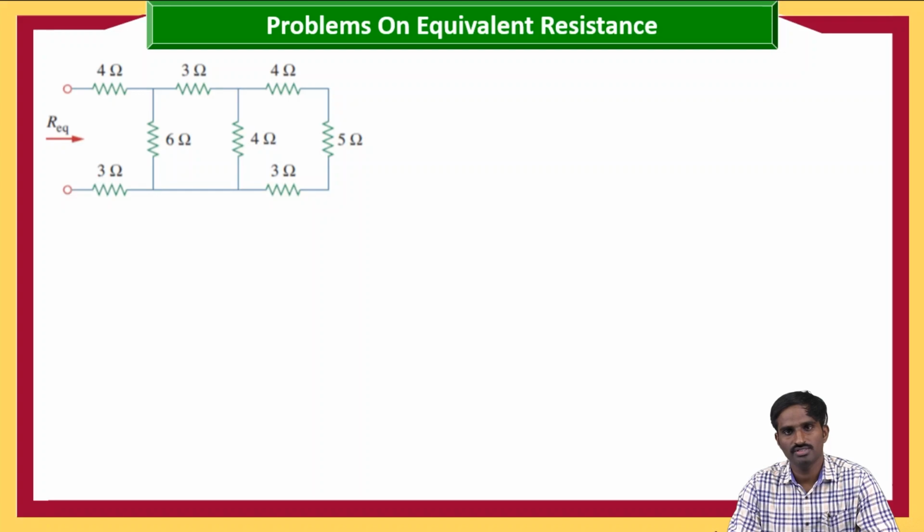Similarly, when two resistors are connected in parallel, the voltage across them is the same, because voltage is the potential difference across two points, and both resistors are connected across those two common points.